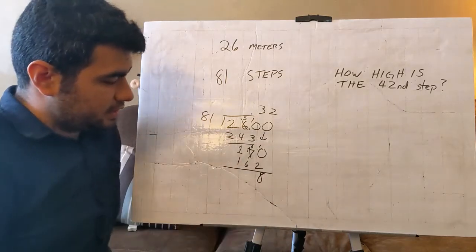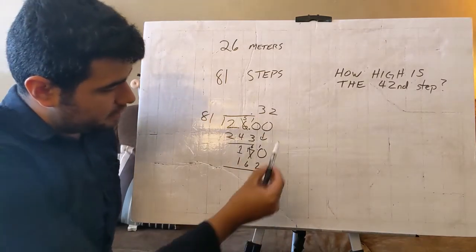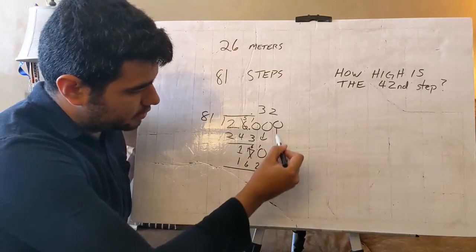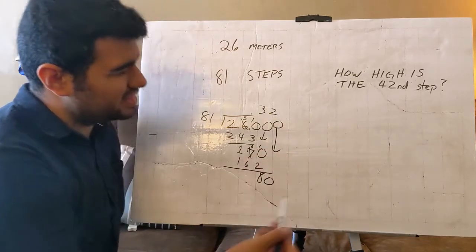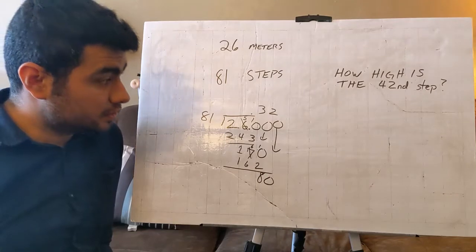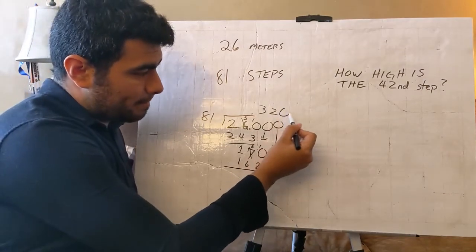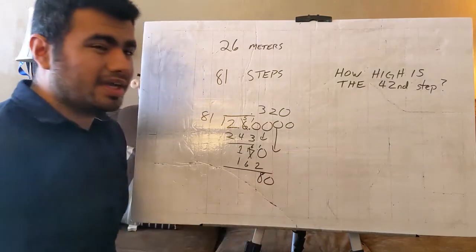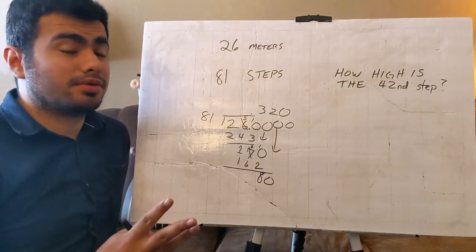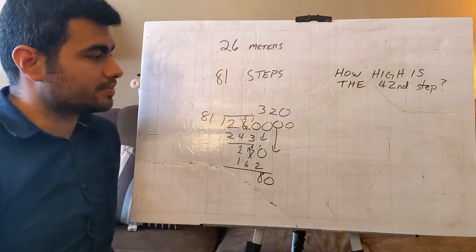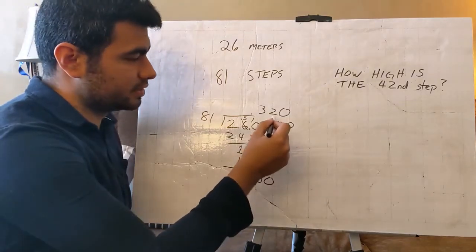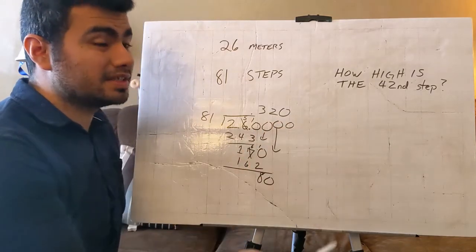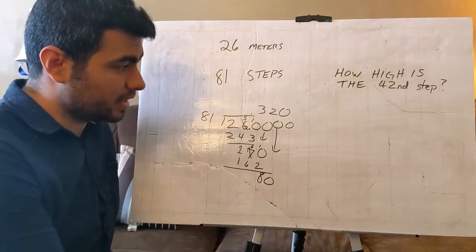I'm sorry, I forgot to add a 0. 81 doesn't go into 80, so I'm going to add a 0 here. Now I can add another 0 back here, but remember I said I was only going to go over 3 decimal places, and if I did go to 3, I was going to round it back down.